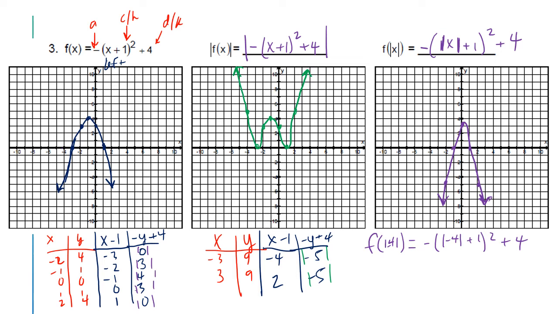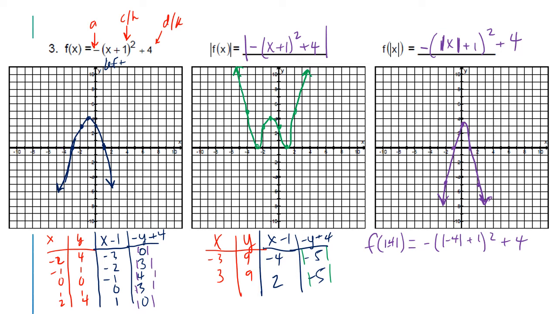Trying to create a table versus me plugging in numbers and figuring out where they're going to go, it would take longer to do that. But just to show you what I mean, notice how we put negative 1 at 0. If I plug in negative 1 here, I'm going to get 1 plus 1, which is 2. 2 squared is 4. What is negative 4 plus 4? 0. I'm still going to get that.